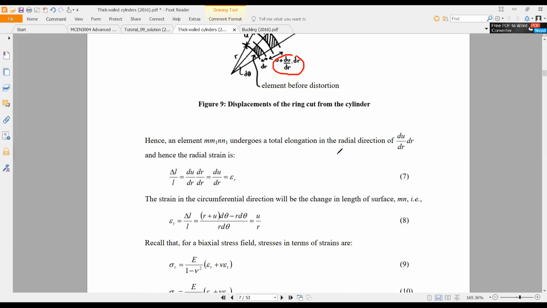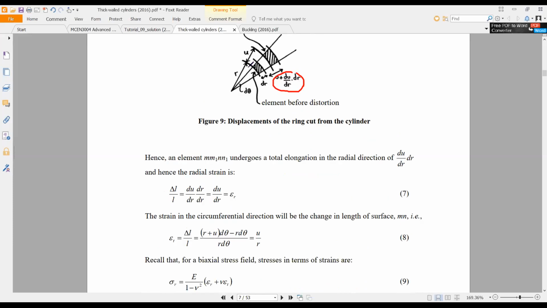So in here, if you want to find out the radial strain, the strain towards this direction, normally it is labeled as epsilon r, radial direction strain. So strain is displacement divided by initial length.